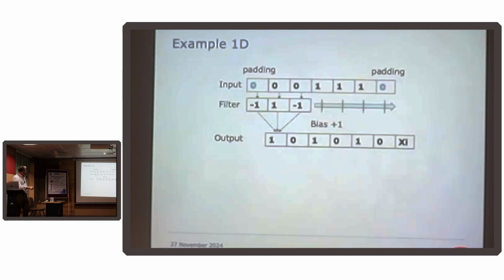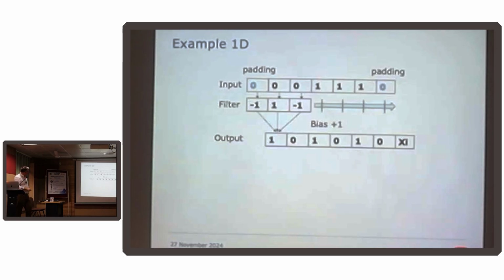So if we were to process this, we have something called padding, which is the beginning part of the matrix, because that's not been processed through the whole kernel. But you see, if we apply this, the starting point is 0. So 0 times -1 is 0. 0 times 1 is 0. 0 times -1 is 0. Sorry, that's wrong.